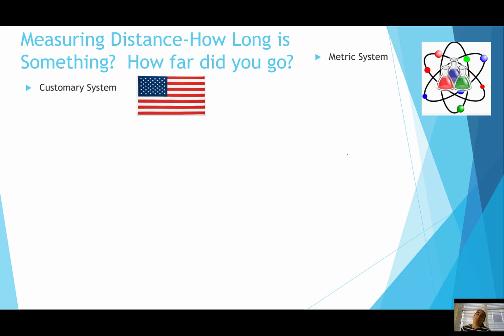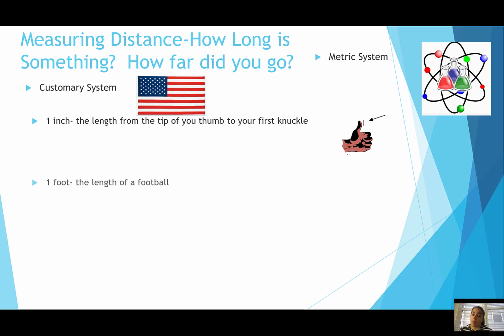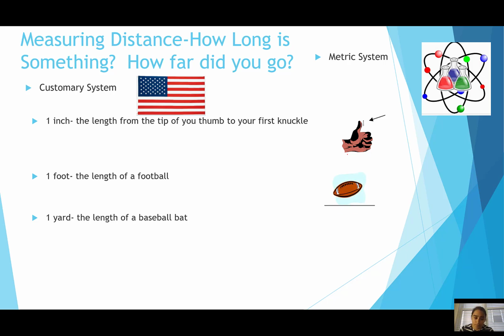So we're going to talk about some units of measurement that we use for the customary system. We have an inch. 1 inch is the length from the tip of your thumb to your first knuckle. We have a foot, which is like the length of a ruler, which is also the length of a football.